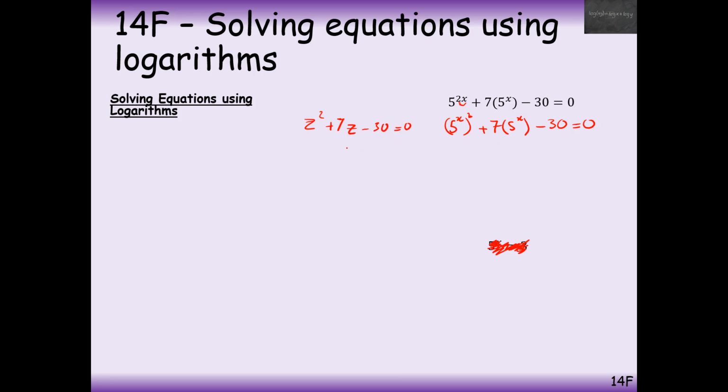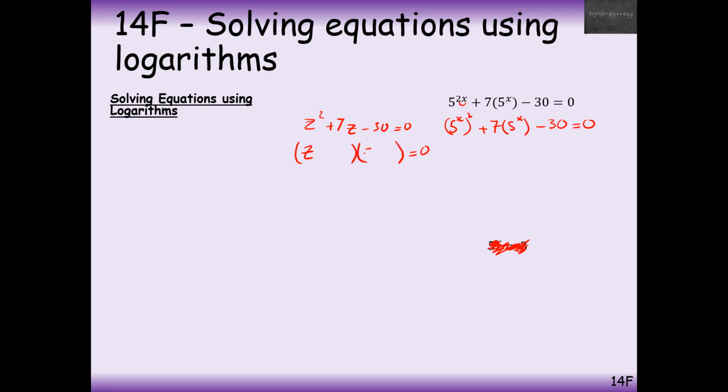What are the factors of 30 that add up to 7? 6 and 5 don't work. 15 and 2 don't work. There must be a pair. If we think about it, we will get it. How about 3 and 10? Yes, you can use 3 and 10.